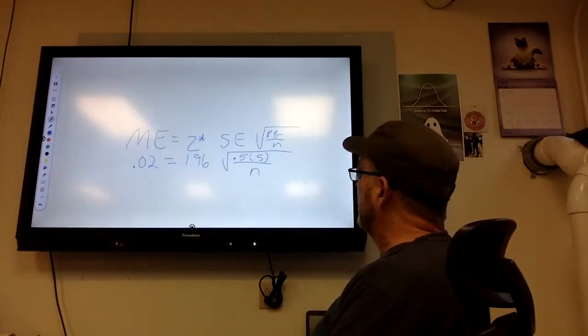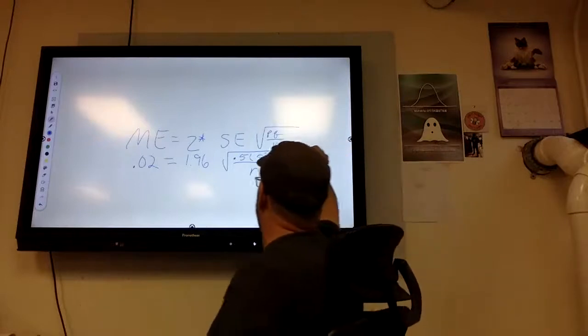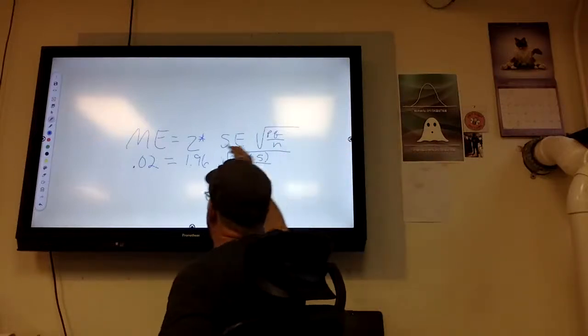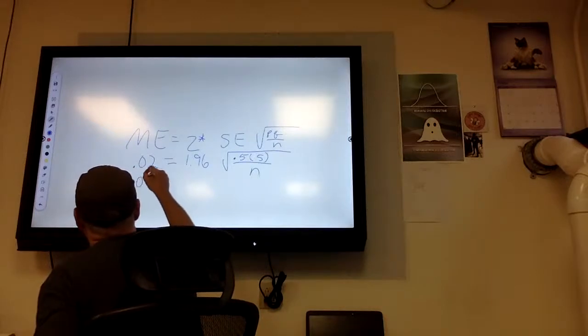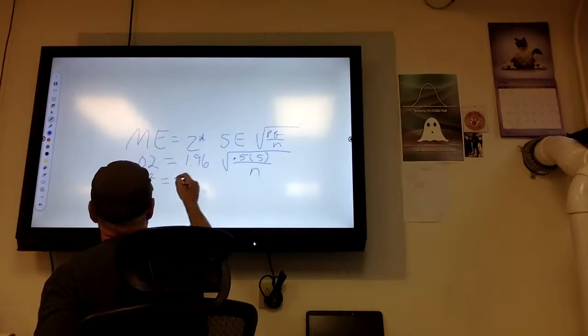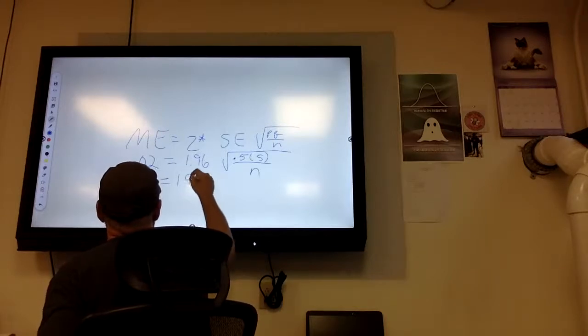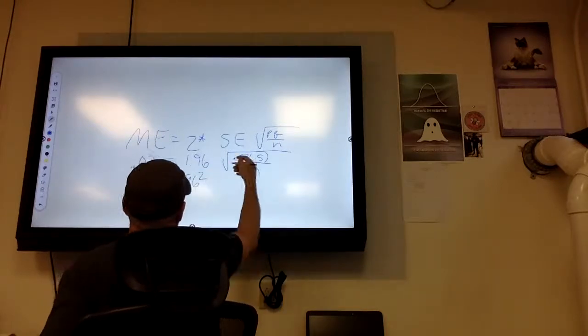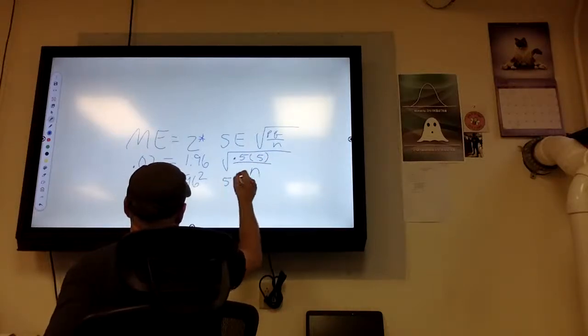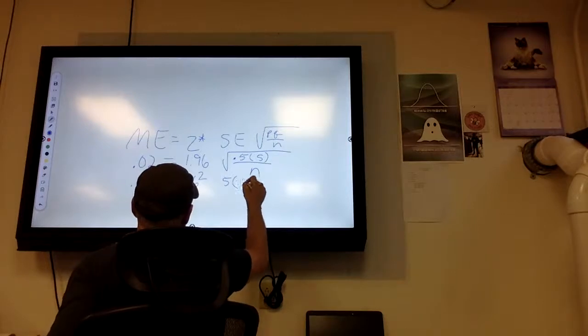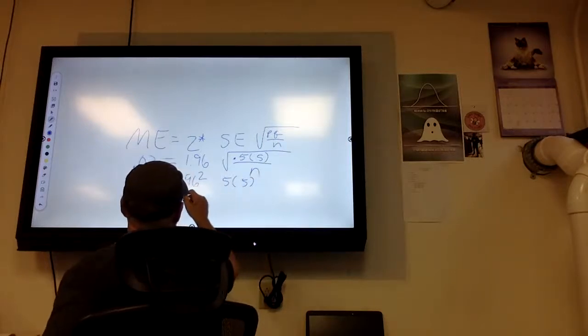We want to get rid of the radical, so we square everything: 0.02 squared equals 1.96 squared times 0.5 times 0.5 over N. The 0.5 times 0.5 won't be squared because it wasn't under a radical.